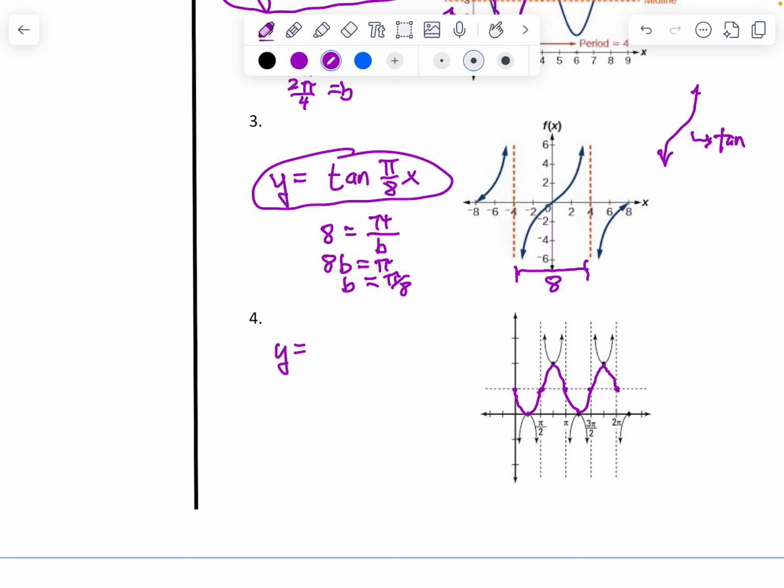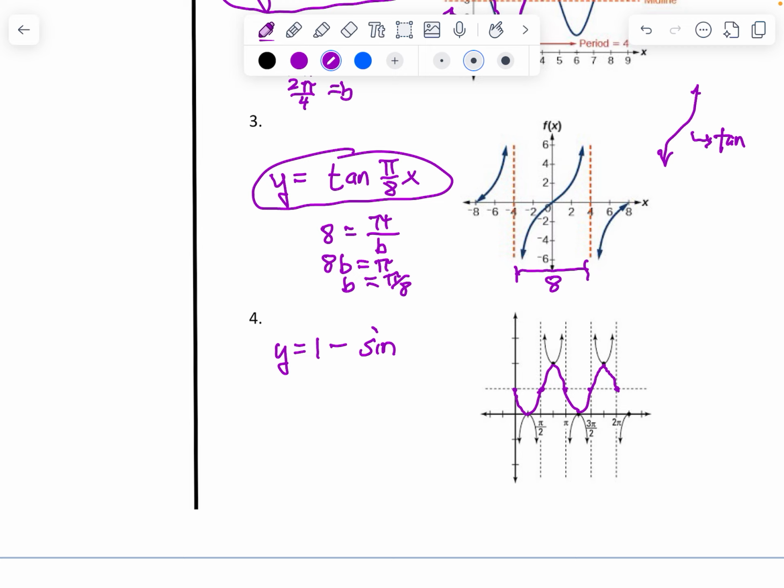What I drew in purple here, I'm going to make this equal to the vertical shift of 1 unit. And then notice that it's going down first, so I'm going to subtract the sine. There's no amplitude change because it goes up 1 unit above the midline and 1 unit below.